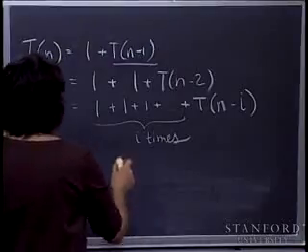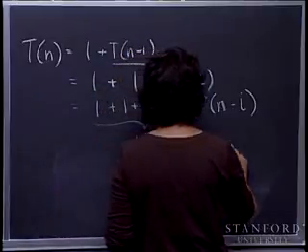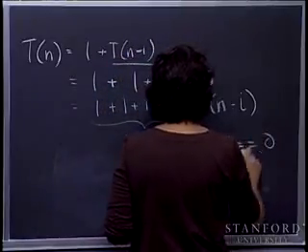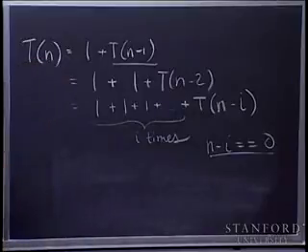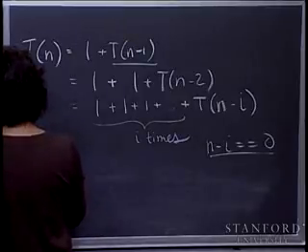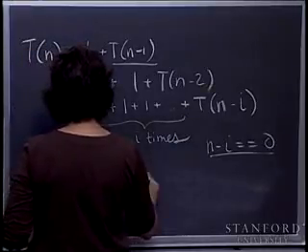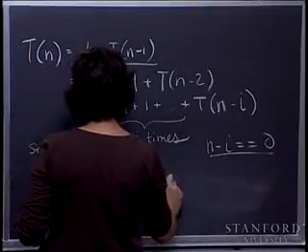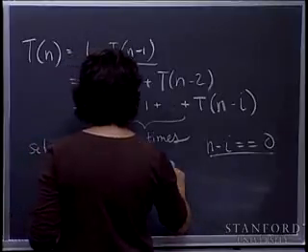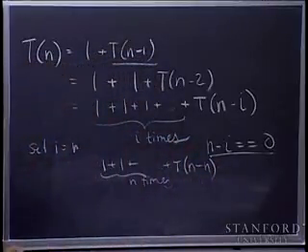So we're looking for the case where n equals 0, so I want to do this until n minus i equals 0. So I need to have done this i times where i is n. If I set i equal to n, then I'll have 1 plus 1 plus 1, n times, and then I have plus T of n minus n, which is my T sub 0.